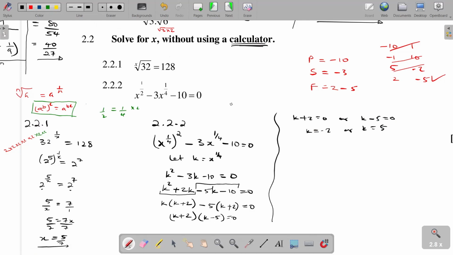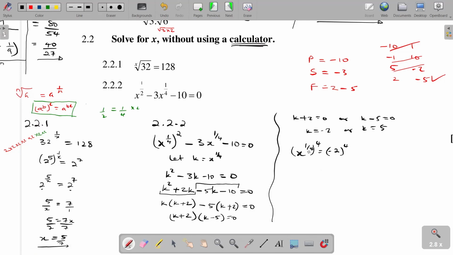From there, we can now solve for our answer. We are told x to the power quarter, so we can substitute: x to the power quarter is equal to negative 2. Raise it to the power 4.